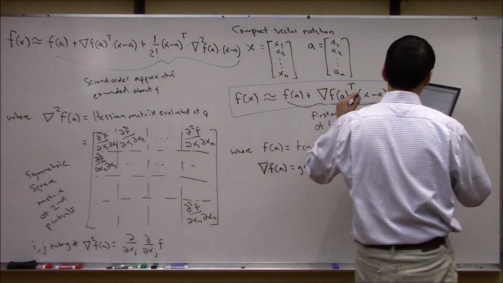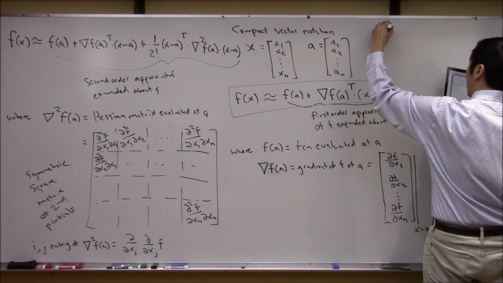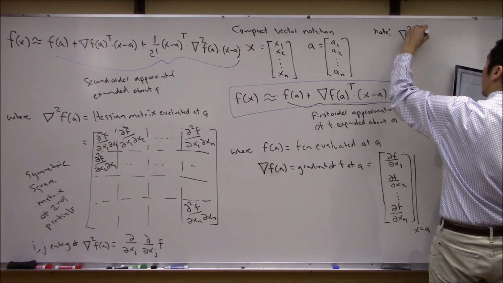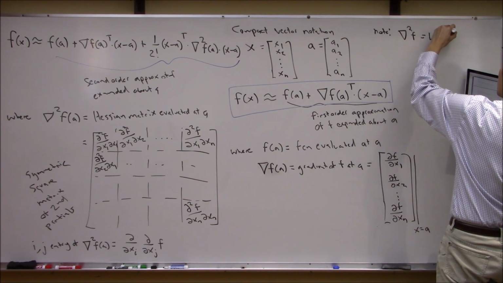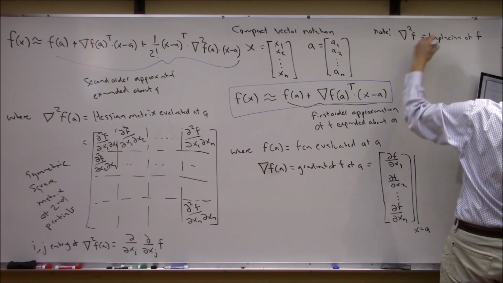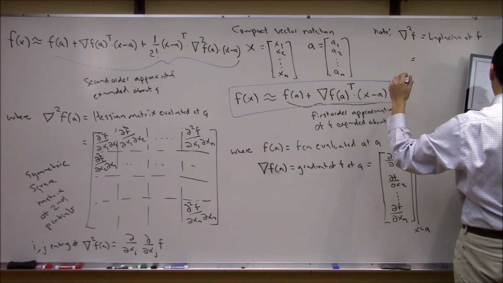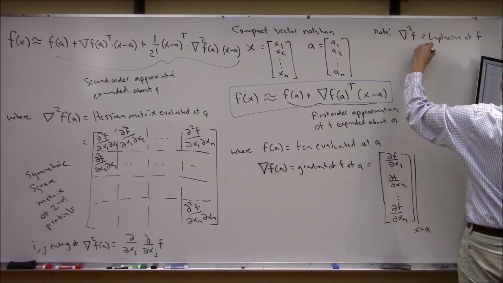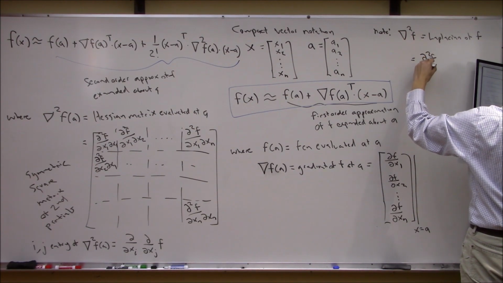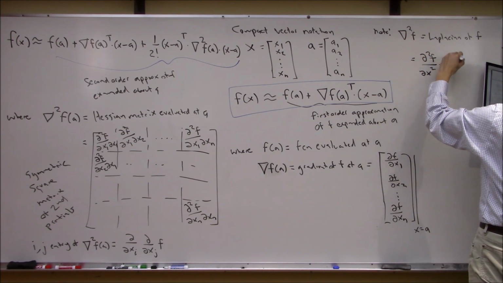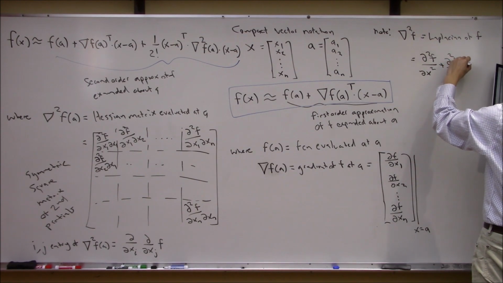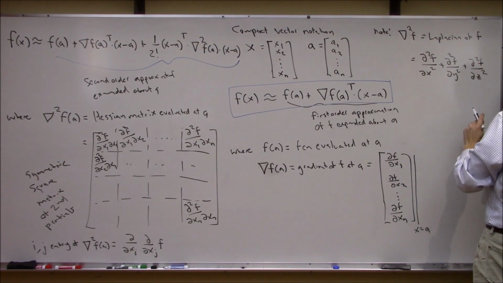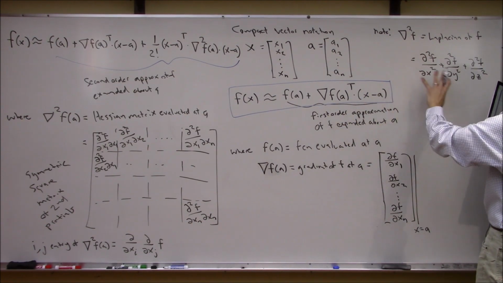So maybe we'll make a quick side note that in some cases you may see del squared f as the Laplacian of f, and if you remember from our discussion on vector derivatives, that was given as d squared f dx squared plus d squared f dy squared plus d squared f dz squared. So obviously you can see these two things are not the same thing.